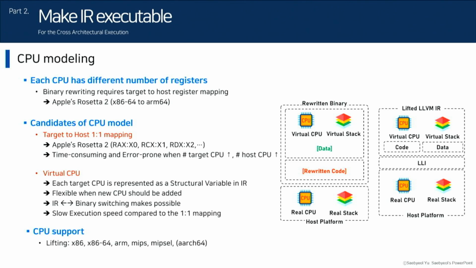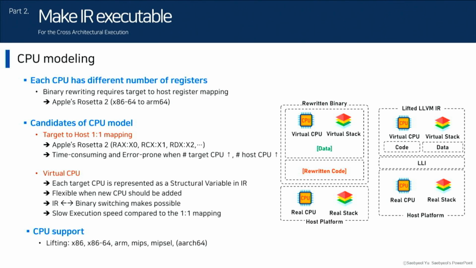The first is one-to-one direct mapping, like Apple's Rosetta 2, allowing x64 binaries to run on ARM silicon. However, this method is optimal for only one source CPU and one destination CPU. Our environment is many source CPUs and one destination CPU.